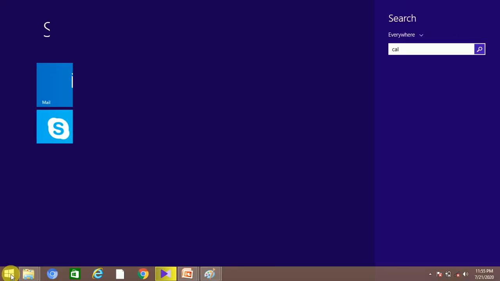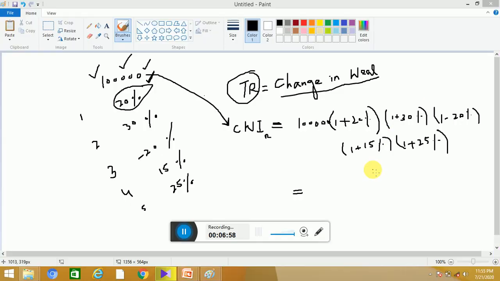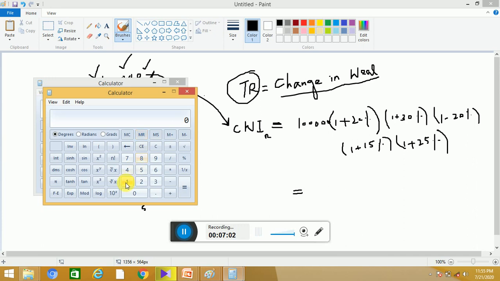Now look at this. Find the calculator. See, what was our initial amount? 100,000, multiplied by 1 plus 20%, which means 1.20, multiplied by 1 plus 30%, which means 1.30, multiplied by 1 minus 20%, which means 0.80, then multiplied by 1 plus 15%, so 1.15, and multiplied by 1.25.